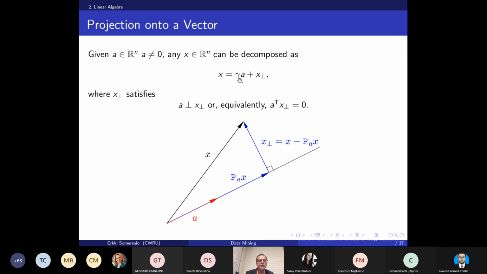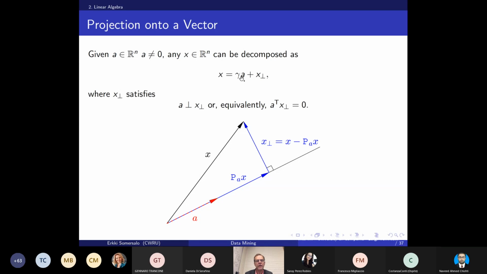And I can choose this scaling gamma in such a way that this x perp, which is the remainder, is perpendicular to A. This picture tells you that this is obviously true. I take a vector x, and then I look at the shadow of x on the direction of A.